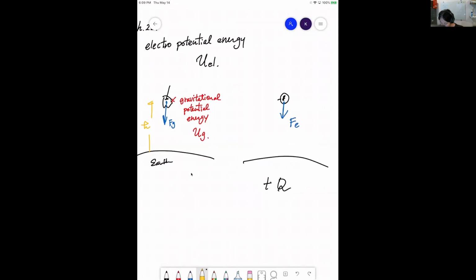Being here at this location, a distance d from it, this big Q has electric field lines going out this way, right?